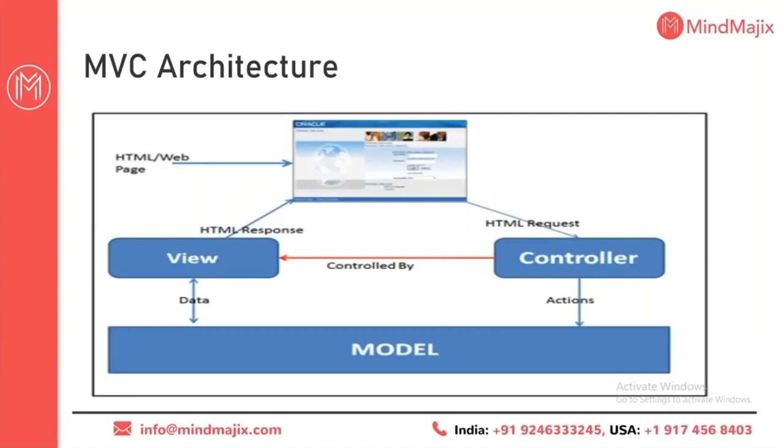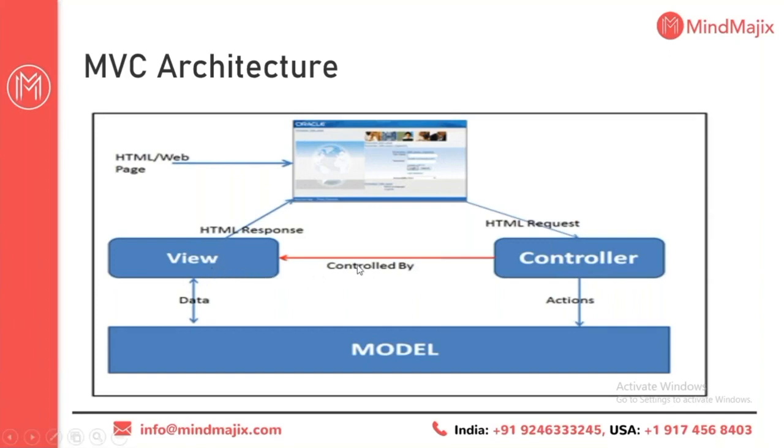Then it will redirect to another page. In Oracle Apps, when the login is successful, it will take us to the home page, right? So same thing here. Once the business logic is executed successfully, control will return from the model to the controller, and then it will take us to the home page.